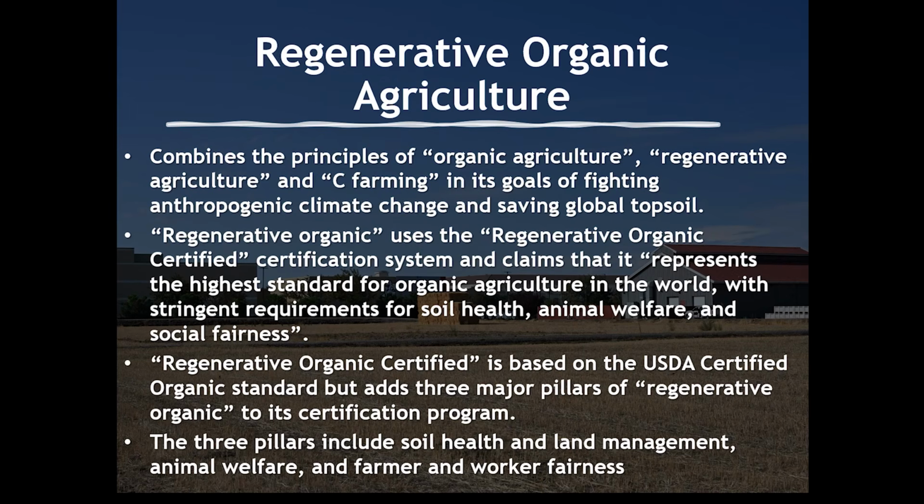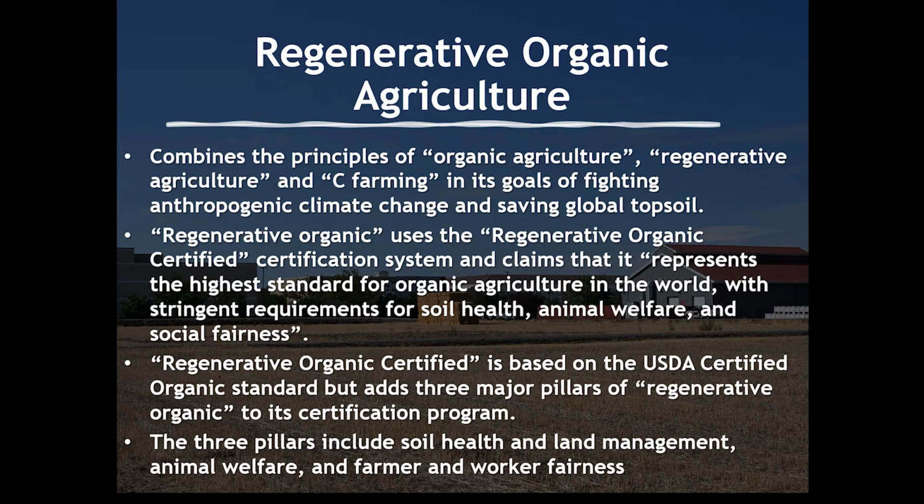Just like the organic farming system, they also have a regenerative organic certification program, and it is also based on certain standards, just like the organic certification system. It's also based on USDA certification standards.